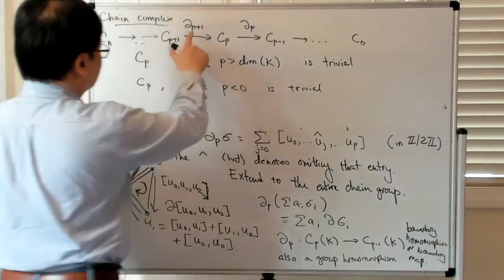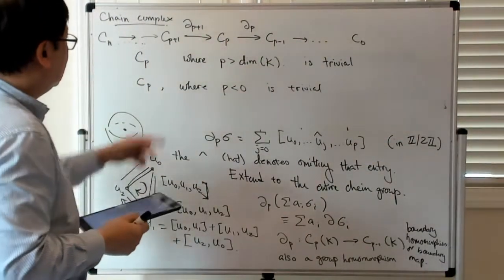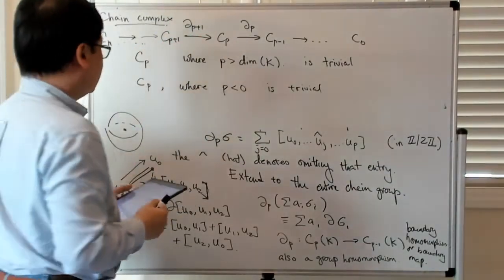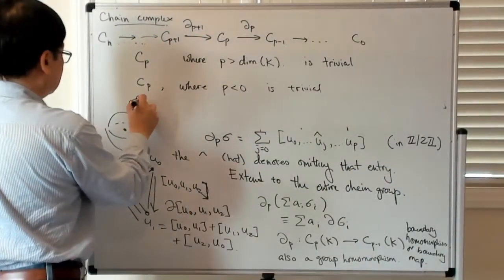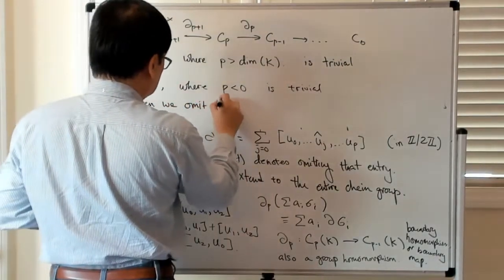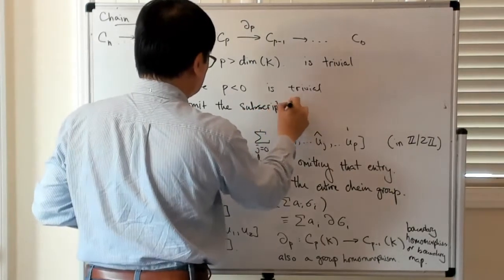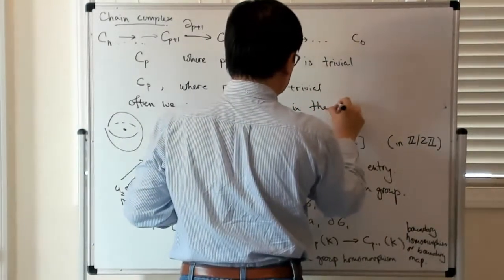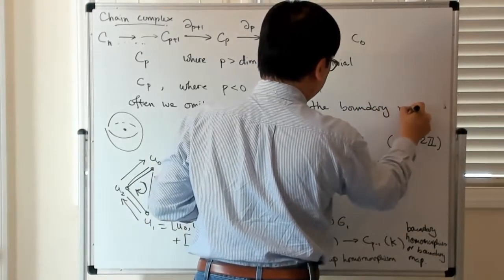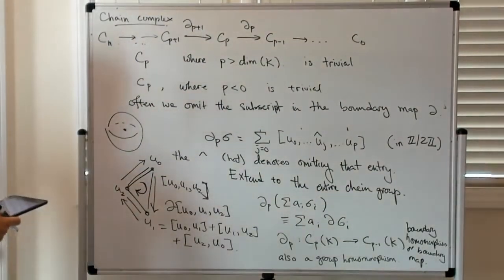Oftentimes we just omit the subscript in the boundary operation, so we just denote the boundary map by boundary instead of boundary sub p, for example.